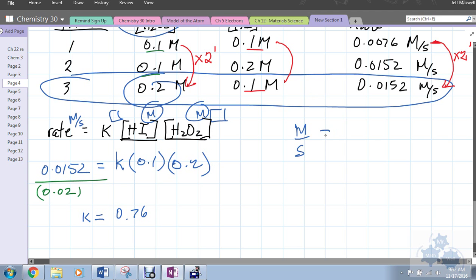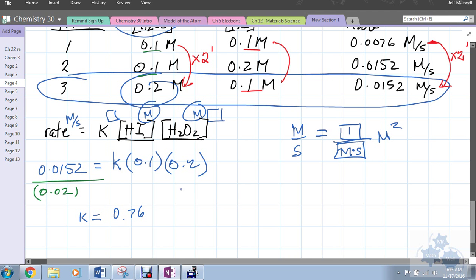Moles per liter is going to be equal to what unit times molar squared. Well, we need to get rid of the squared, so we're going to have molar there. And we need to have seconds on the bottom. So the units here will be 1 over moles per liter times seconds. And again, it's going to change for every equation.